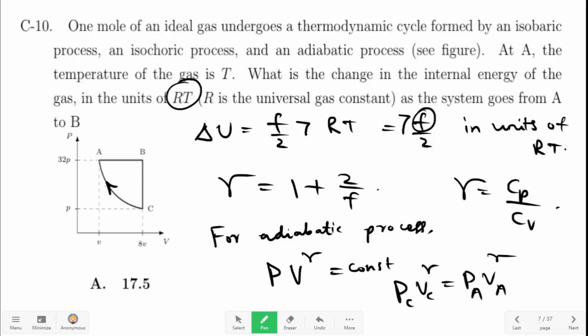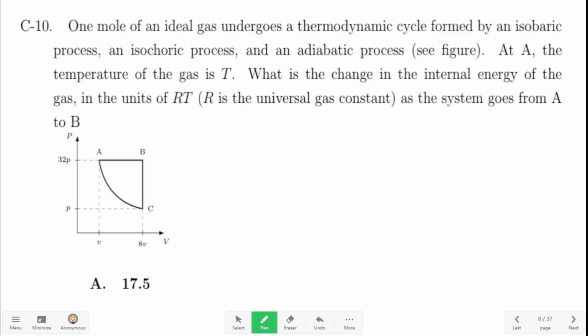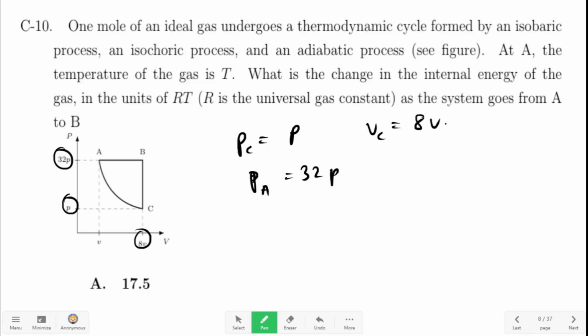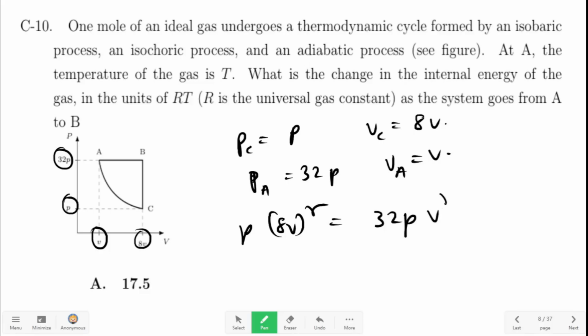Now substitute the values of PC, VC, PA and VA. Then we will get PC is equal to P, VC is equal to 8V, PA is equal to 32P, and VA is V. Therefore we can write P times 8V raised to gamma is equal to 32P times V raised to gamma.